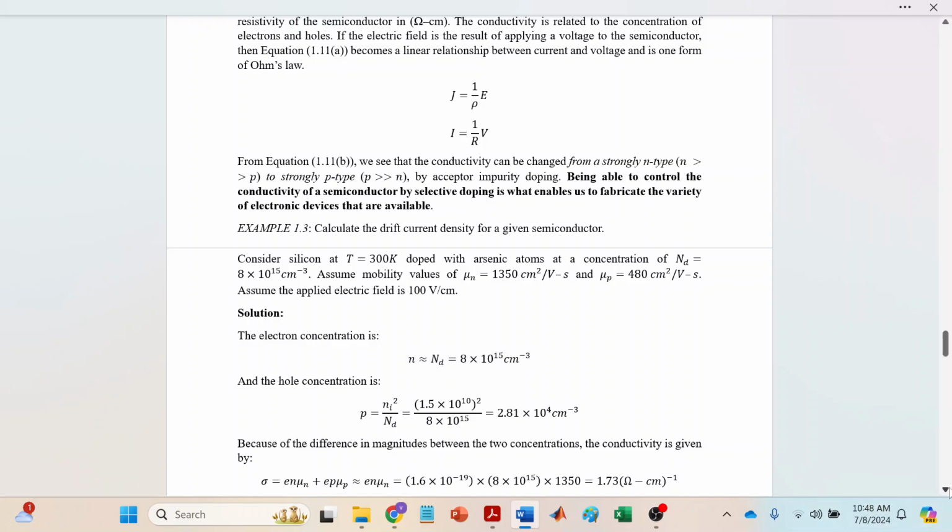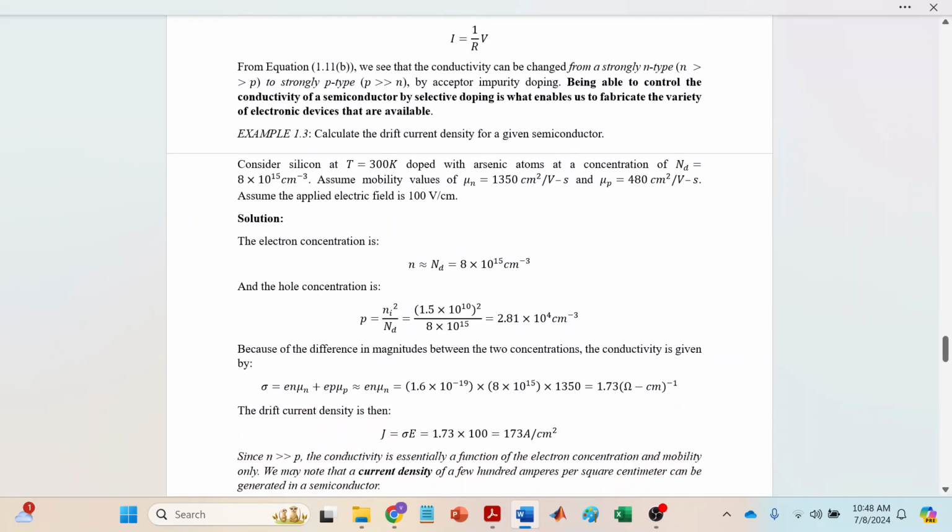We are given the electron mobility value and the hole mobility value. We can calculate the total conductivity, but the hole concentration is very small compared to the electron concentration, so we are just going to neglect the hole concentration and use the electron concentration.